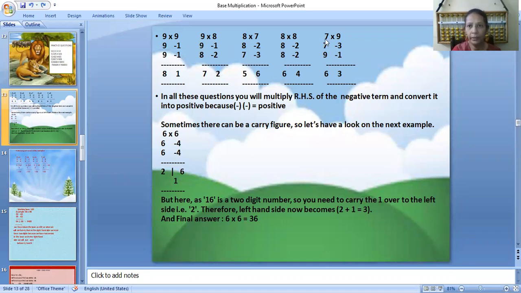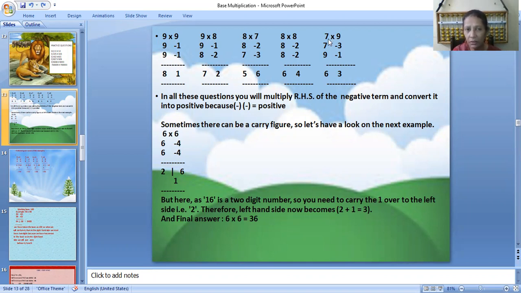Now you look here. Look at these questions. Here you have to do 9 multiplied by 9, then 9 multiplied by 8, then 8 multiplied by 7, then 8 multiplied by 8, then 7 multiplied by 9.